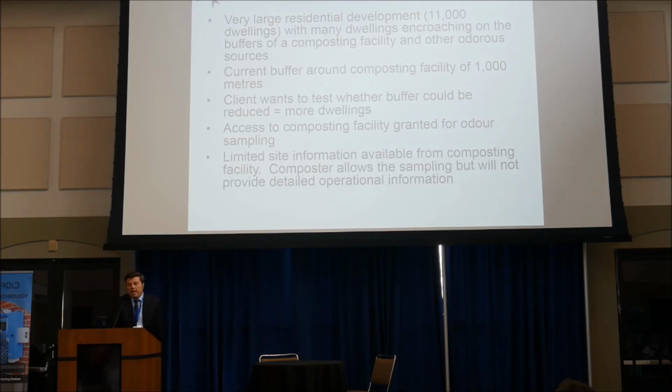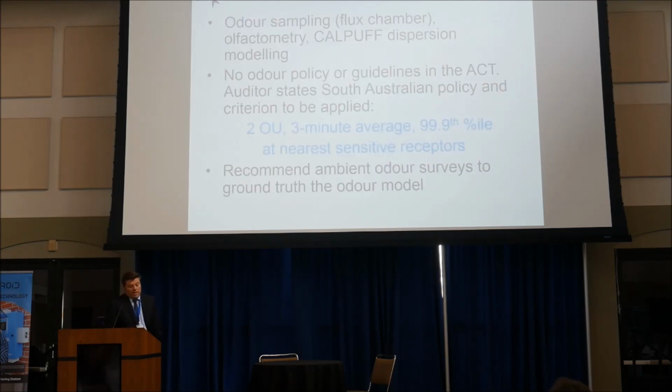So we were actually able to get access to the composting facility in this study and take odour samples. The client wanted us to do an odour sampling method. The Australian standard for area source sampling is the flux chamber. It doesn't mention wind tunnels, only the flux chamber, using olfactometry and then CALPUFF dispersion modelling.